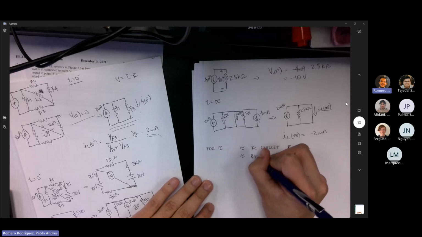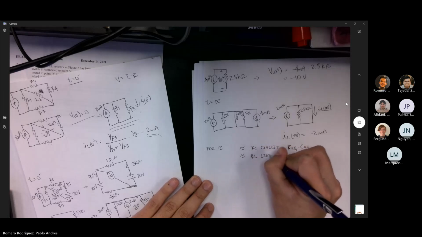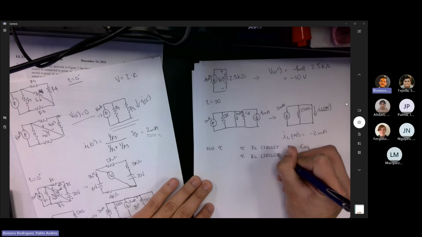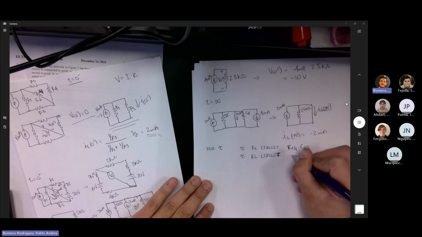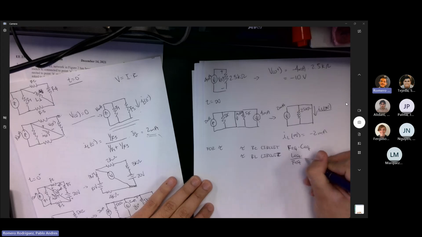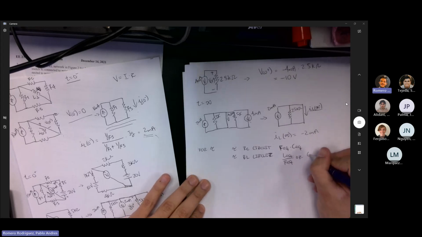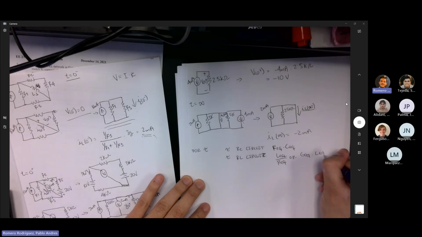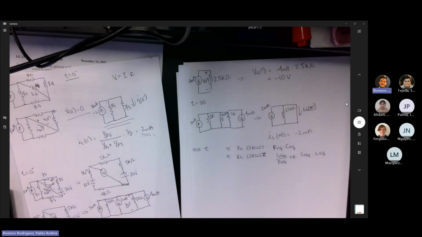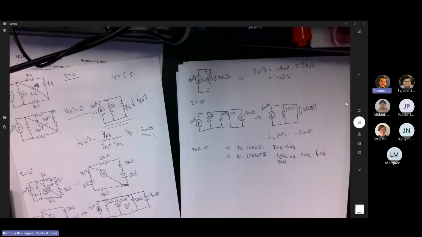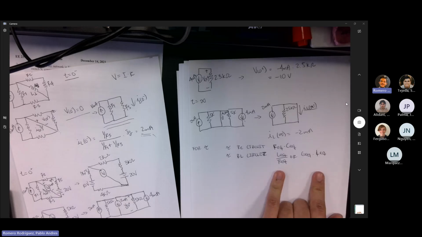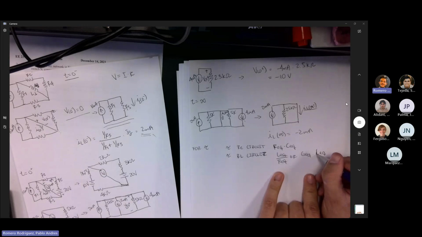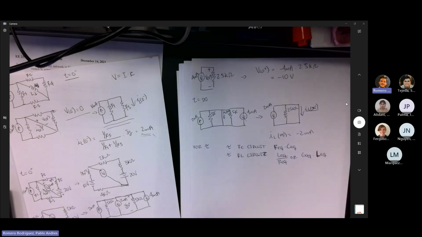Tau in an RL circuit, oops, it's equivalent inductance over equivalent resistance, or equivalent conductance times equivalent inductance. G. Yes, I'm sorry about my G's looking like sixes, but never been able to fix it.